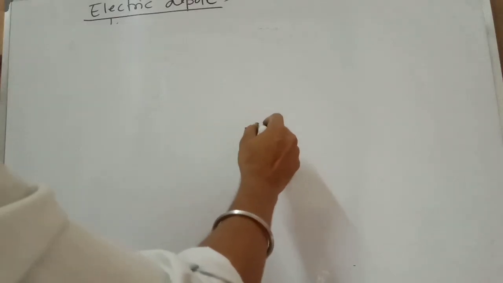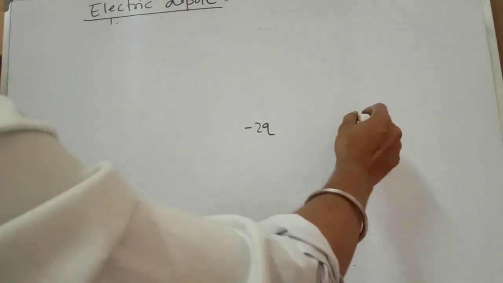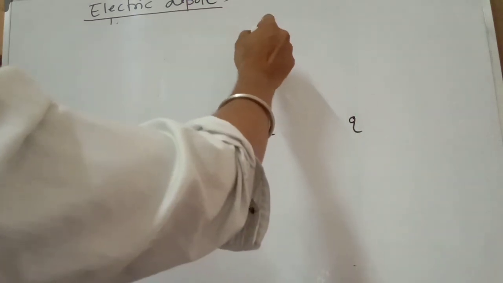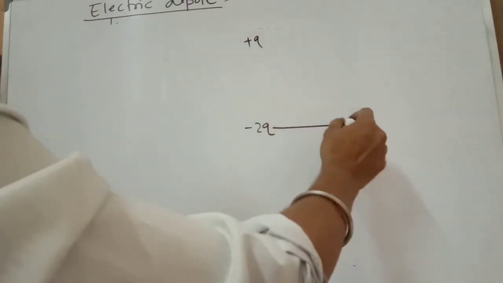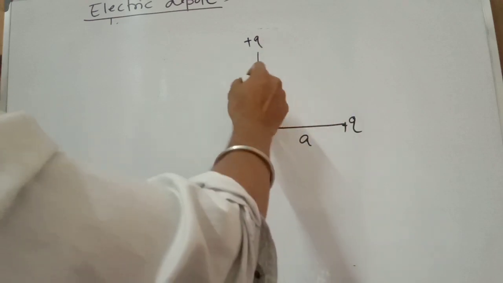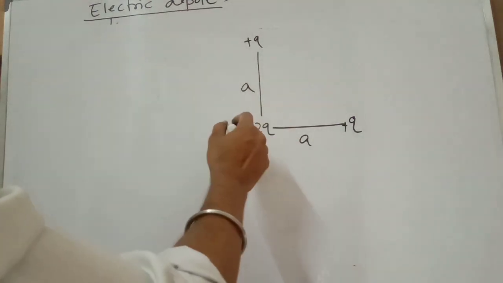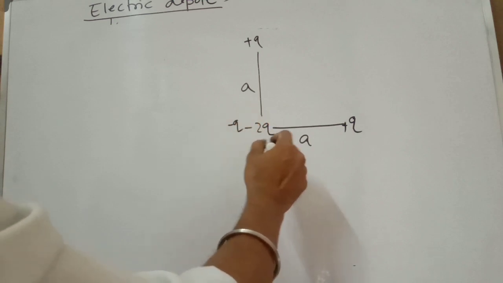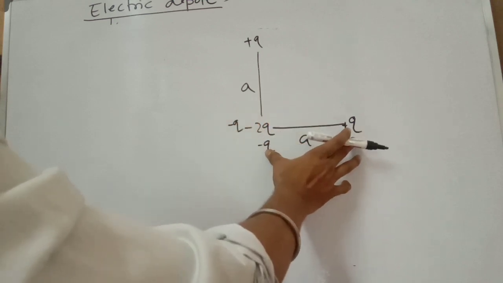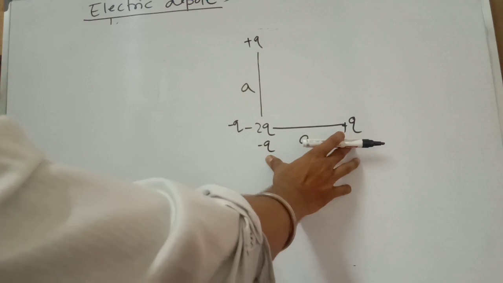Let here be a minus 2q charge, here a plus q charge, and here also a plus q charge. They have some distance a, and this is also distance a. Find the resultant electric dipole moment, because you can break this minus 2q charge into two charges of minus q. These are opposite and equal charges.